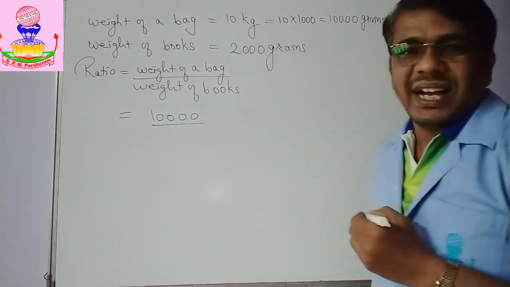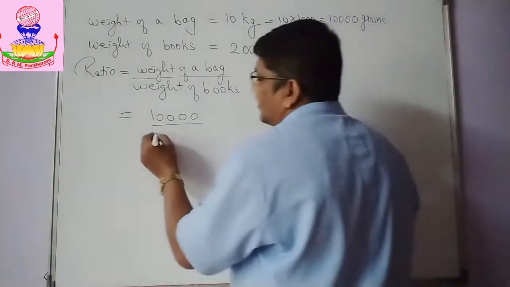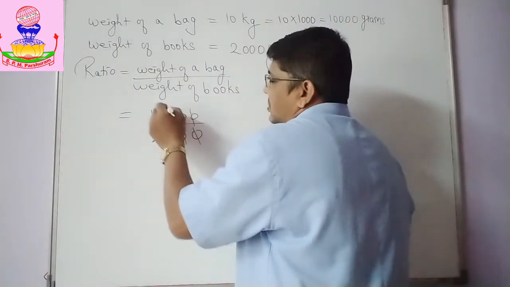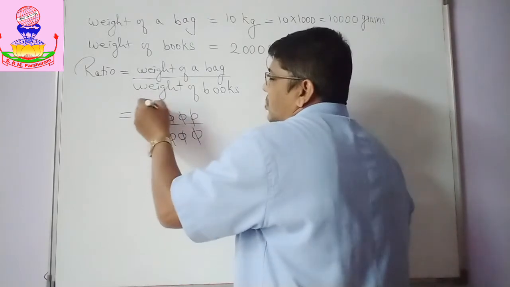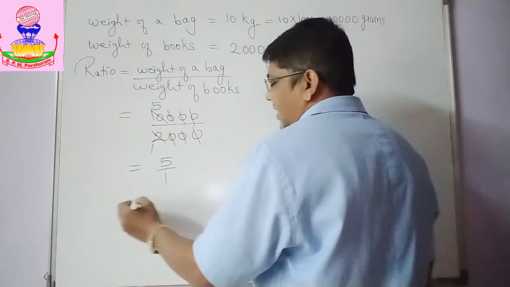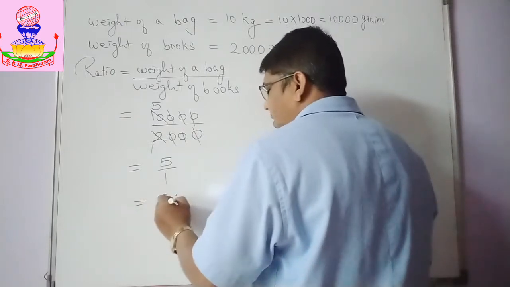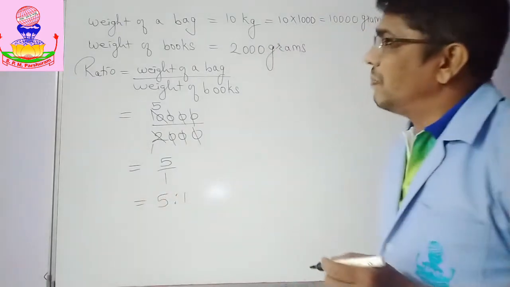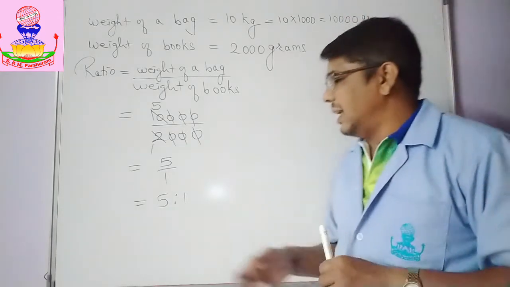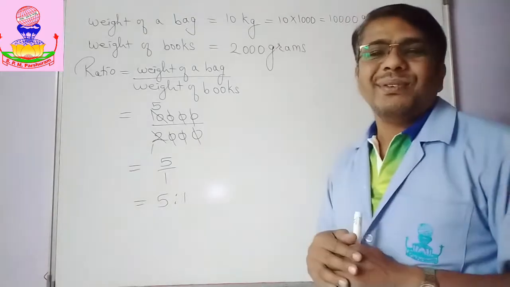Okay? Upon 2,000. So 1, 2, 3, 1, 2, 3. 2 ones are, 2 fives are. So 5 upon 1. So that is 5:1. So weight of the bag to weight of the books, that ratio is 5:1.